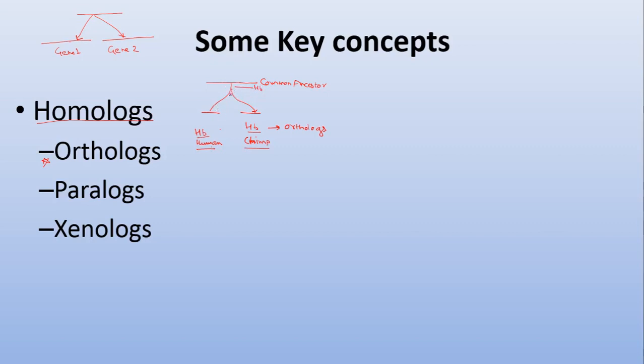But in due course of evolution, a speciation event happened, and two species evolved from the common ancestor.